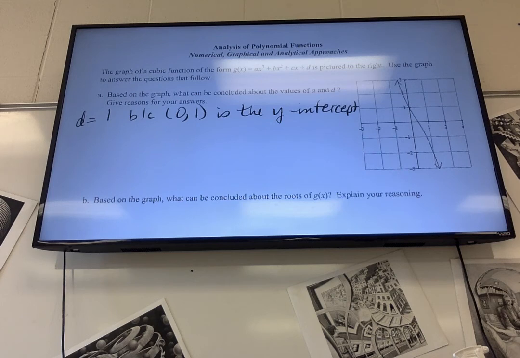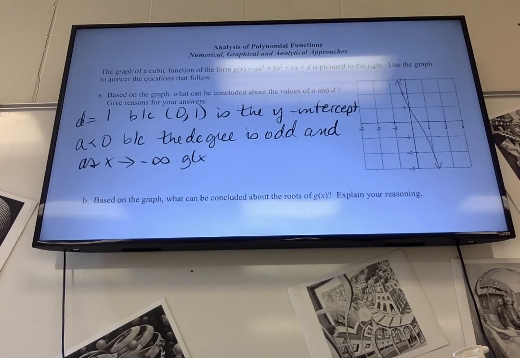It's negative. Why is it negative? Because they're going in opposite directions. If it was positive, it would go up on the right, but it's going down on the right. A is negative because the degree is odd, and as x approaches negative infinity, g of x approaches infinity, and as x approaches positive infinity, g of x approaches negative infinity.